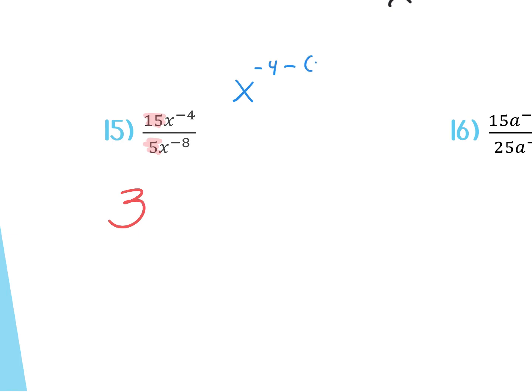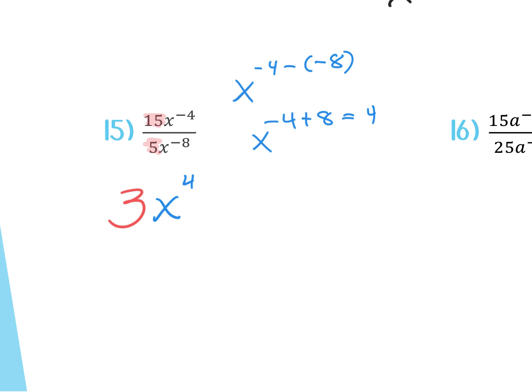We're subtracting those powers. So negative 4 minus negative 8, again, do a keep, change, flip, becomes negative 4 plus 8, and I end up getting positive 4. So then this becomes x to the 4th. So 3x to the 4th.